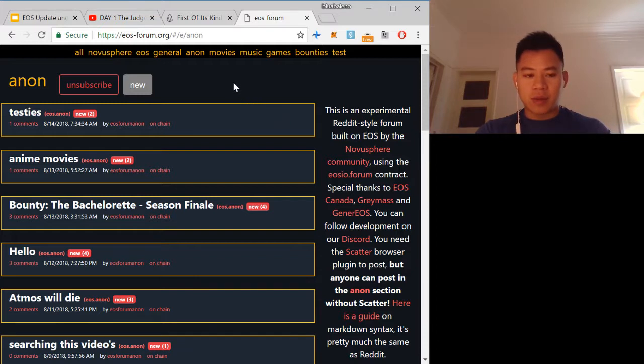One of the things is that people don't really want to sign up, it's a long process. If you're just a regular user, when you go to Reddit, you don't have to go through a very complicated process. You just put in your email and you sign up. What they did was a very, very creative solution. They allow you to post on the site without having to sign up.